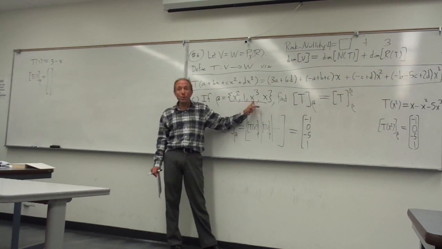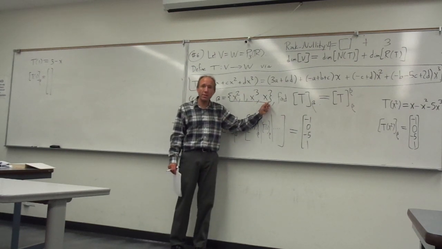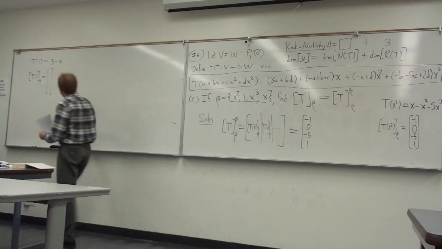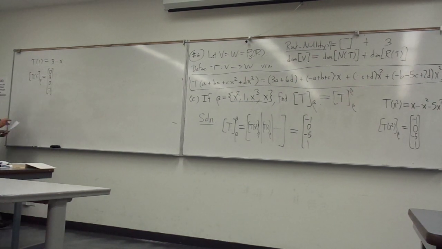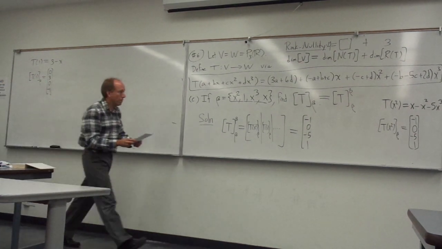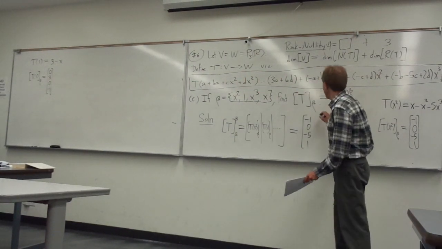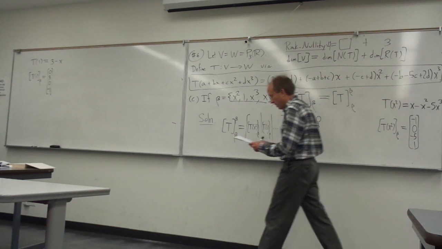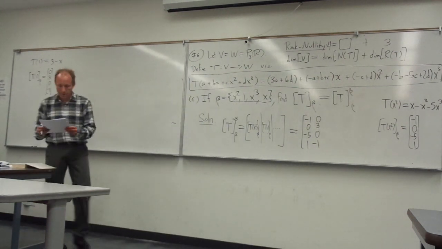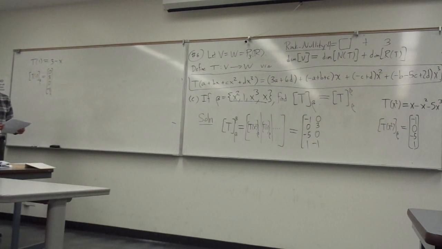How many x cubes? 0. And how many x's? Negative 1. So we're going to get 0, 3, 0, negative 1. And that would then be the second column of this matrix: 0, 3, 0, and negative 1. Okay? Does that make sense?